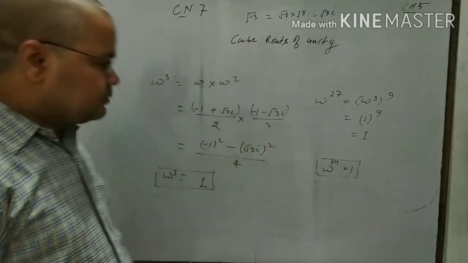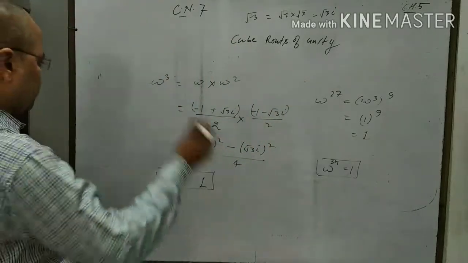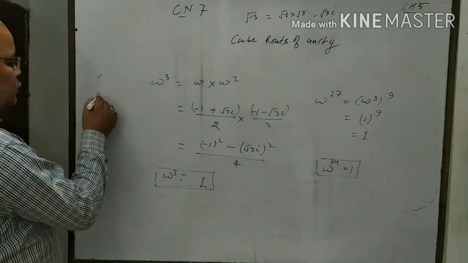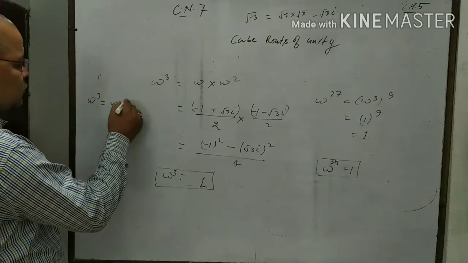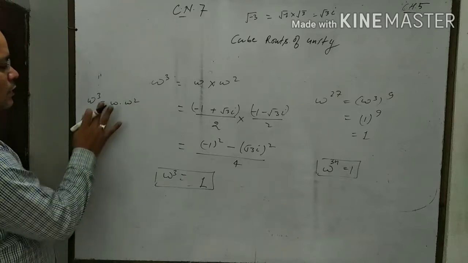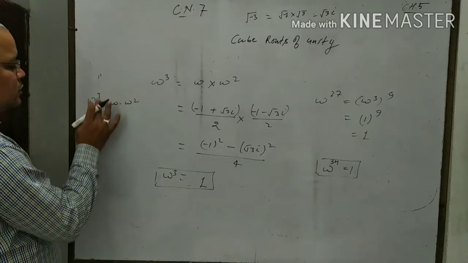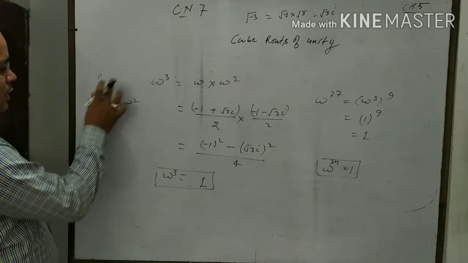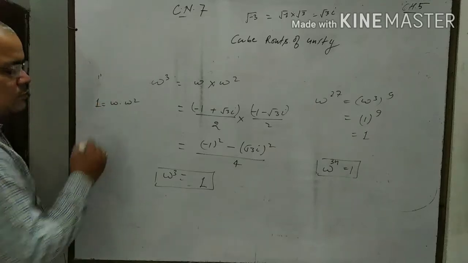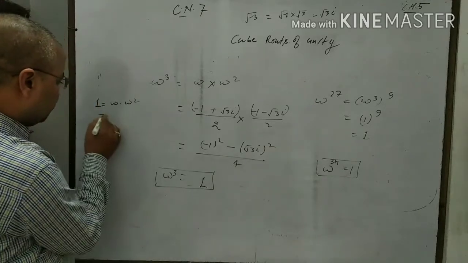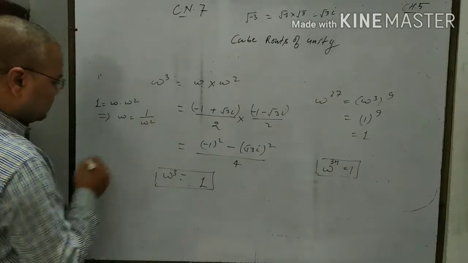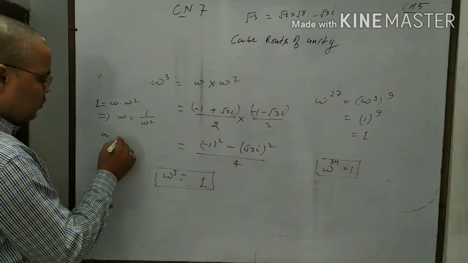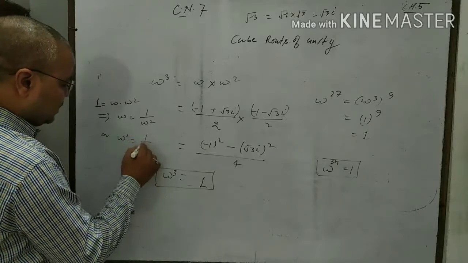Now we can also write omega cube is equal to omega into omega square, and this value is 1. Then this implies that omega is equal to 1 upon omega square, or omega square is equal to 1 by omega.